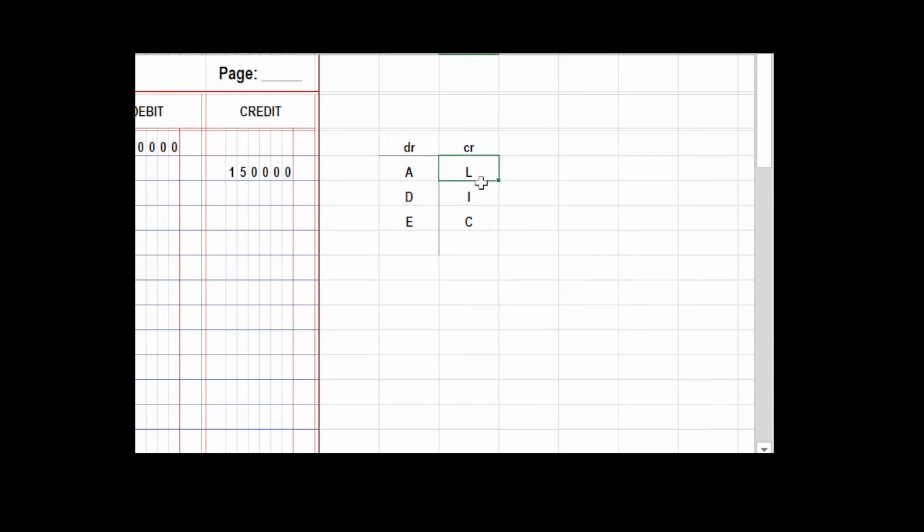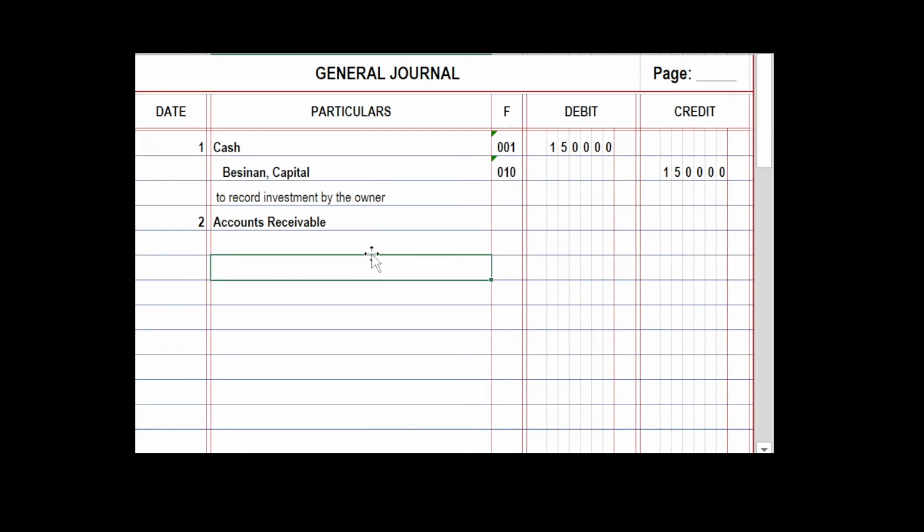So, kapag naka-credit sila, tumataas yung value nila. Pero pag itong si leak, nilagay mo siya sa debit side, ibig sabihin yan, bumababa yung value ng leak. At the same time, kung si ADE naman, nilagay mo sa credit, bababa din yung amount niya. So, again, balik tayo dito sa ating transaction.